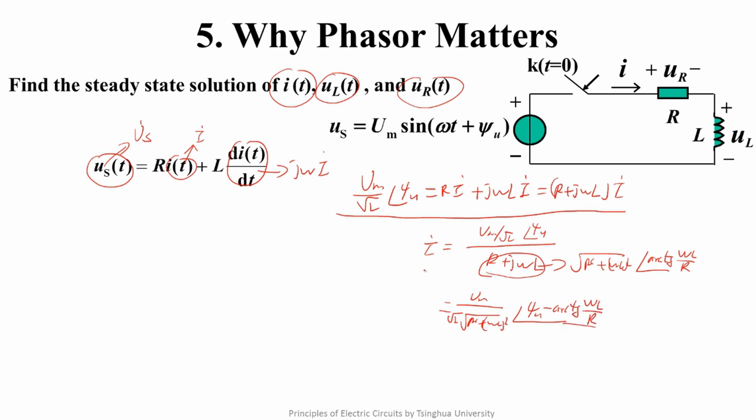The time domain expression of the current is i(t) equals U_m over the square root of R squared plus (ωL) squared times sine(ωt plus ψ_u minus arctangent ωL over R).